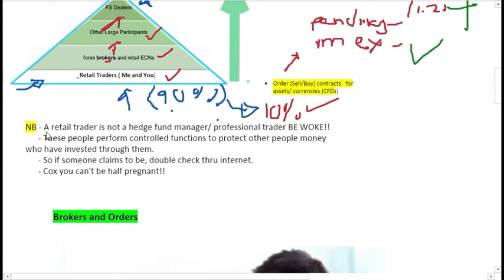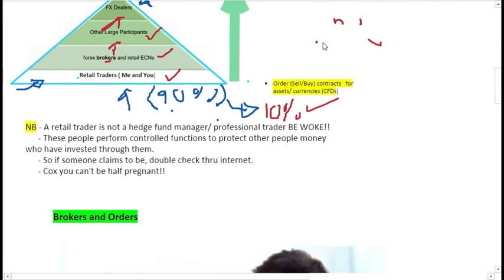So remember, a retail trader, let me clear this so that we don't confuse each other. Sorry. So remember that a retail trader is not a hedge fund.